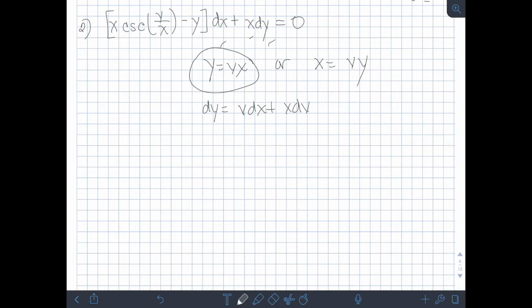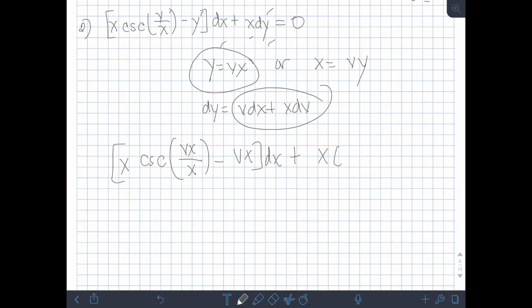So substitute na natin. We have x times cosecant, itong y, gagawin nating vx, so vx over x minus y, gawin uli natin vx multiplied by dx plus x, copy lang, tapos itong dy gagawin natin ito, v dx plus x dv equal 0.